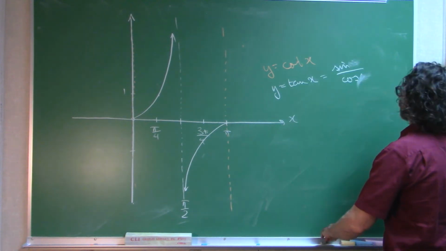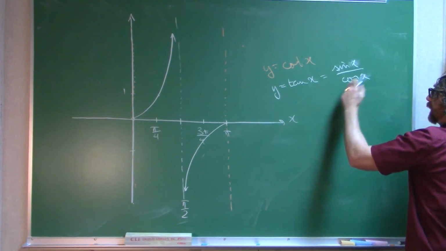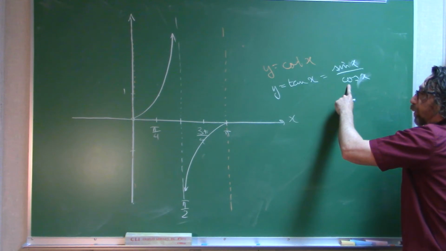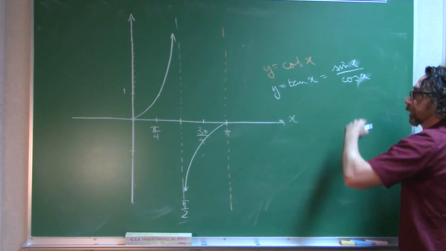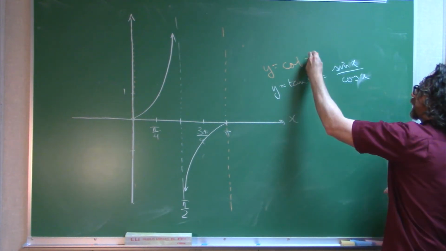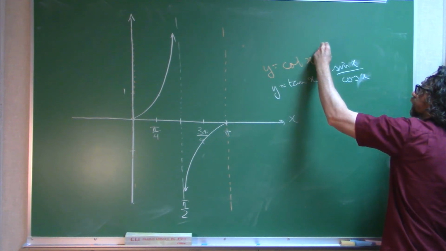I'm using the variable x right now, so I'll replace these with x's. Tangent is going to have an asymptote whenever cosine is 0. Cotangent is going to have an asymptote whenever sine is 0.